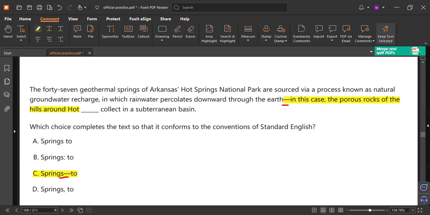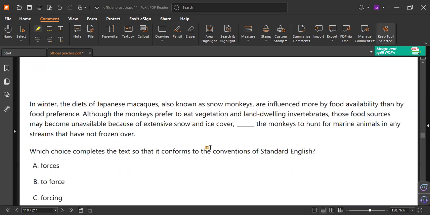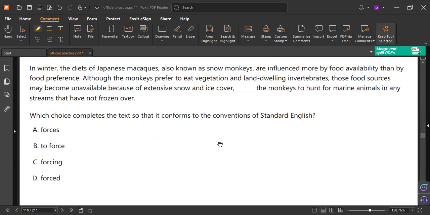Now let us see if it's correct. Is it D?